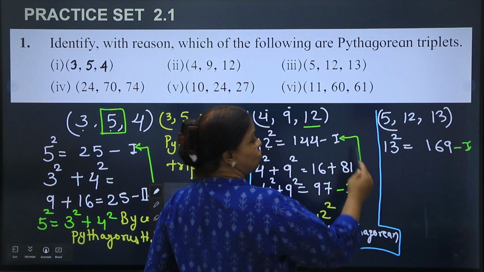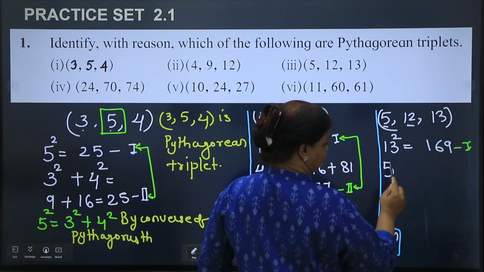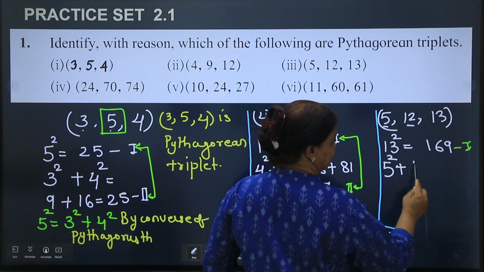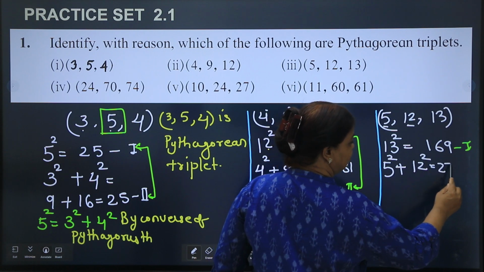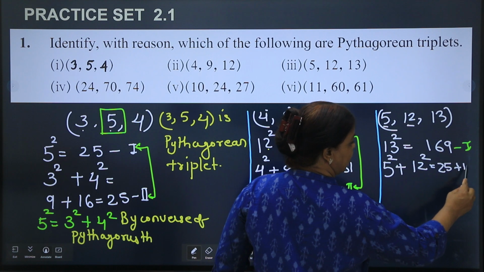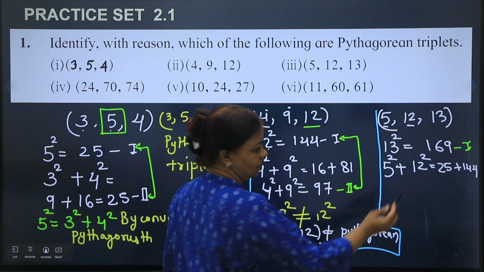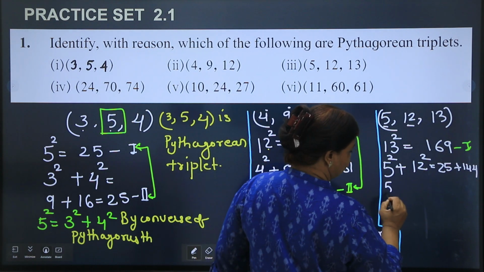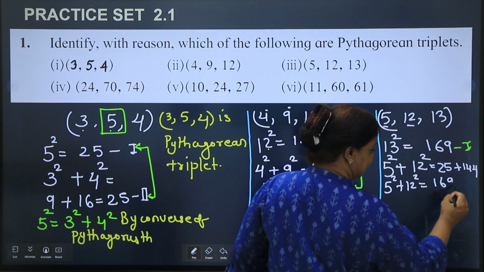Let's take the squares of the other two numbers, the sum of the squares: 5 square plus 12 square. 5 square is 25 plus 12 square is 144. If I add them, I will get 169.